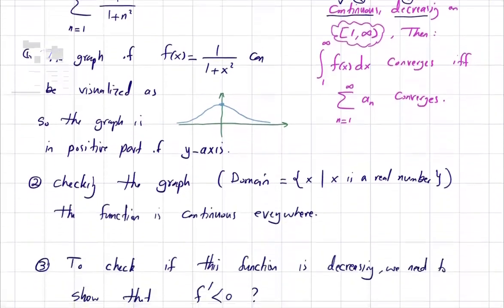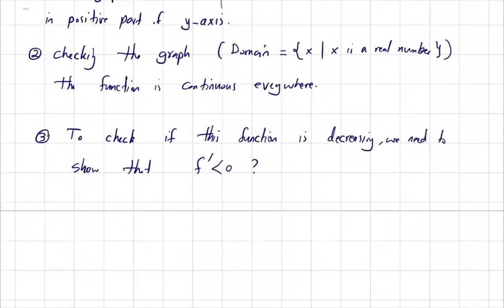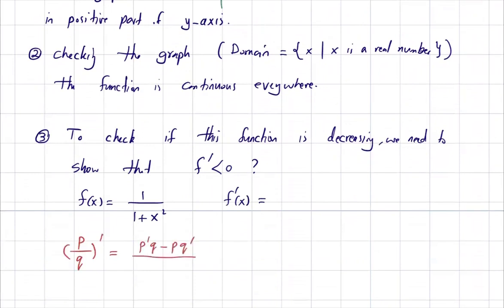So let us take the derivative. f of x is 1 divided by 1 plus x squared. The derivative of f, remind yourself of the quotient rule. p divided by q, derivative is p prime q minus p q prime divided by q squared.